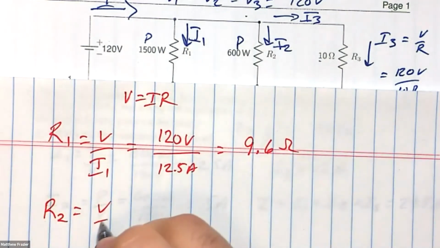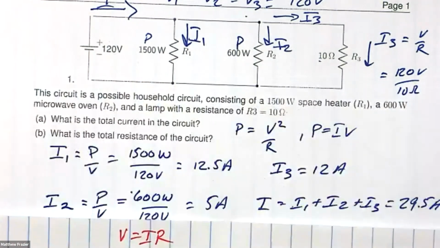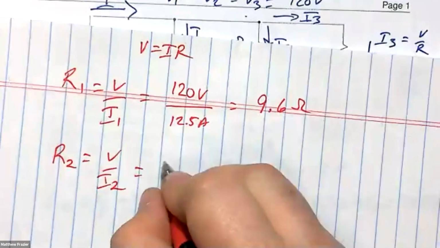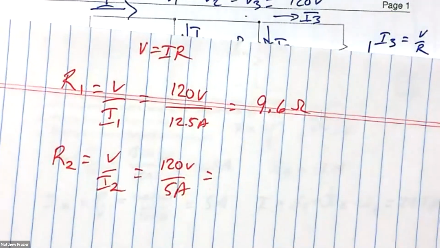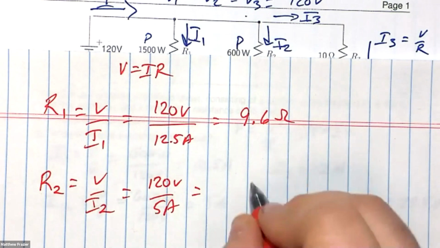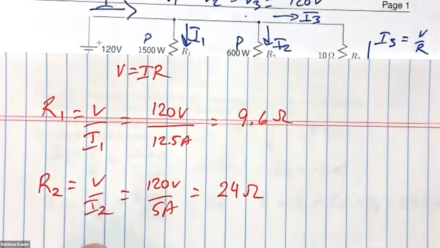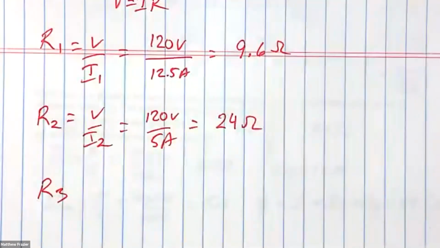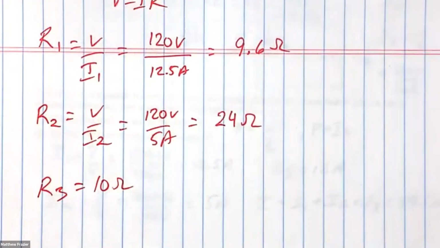R2 is V over I2, same thing, with 5 amps, and that should be 24 ohms. And then R3 is 10 ohms.